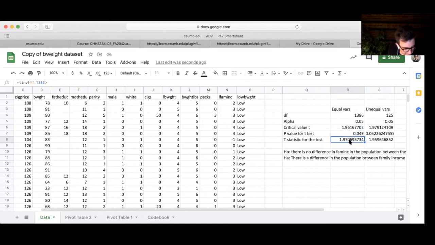If we were assuming that the variances in the population are equal, then we can reject the null and say that there is a difference between the family incomes for babies that are born at a low birth weight and those that are at a high birth weight. It's very close. Now, if we assume unequal variances, our p-value is actually higher than alpha, and our t-statistic is smaller than the critical value.